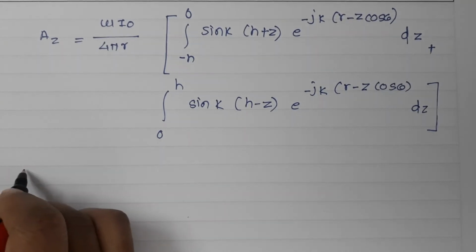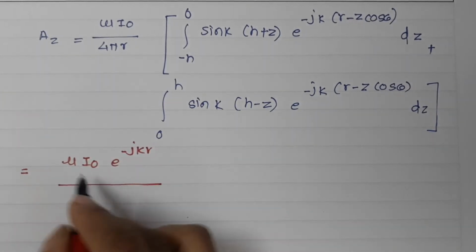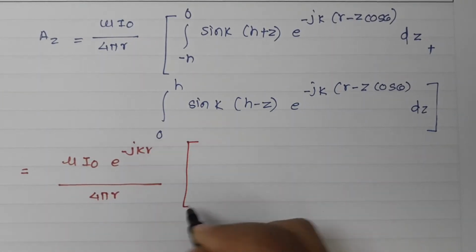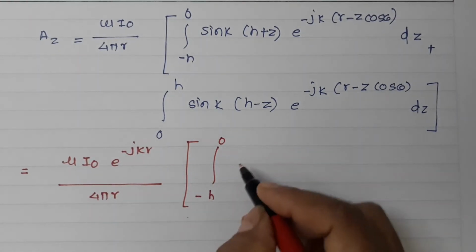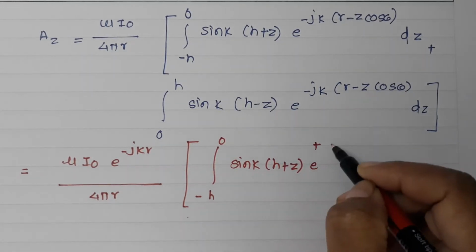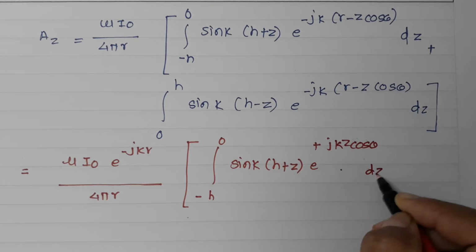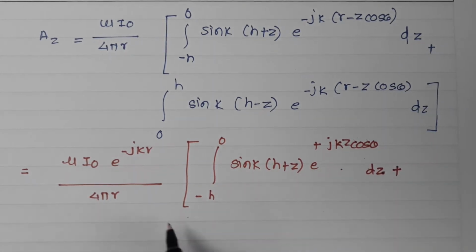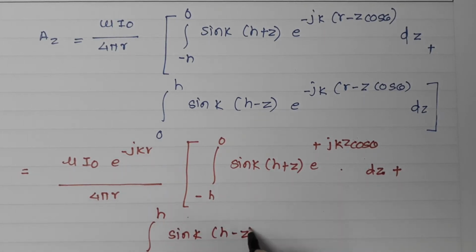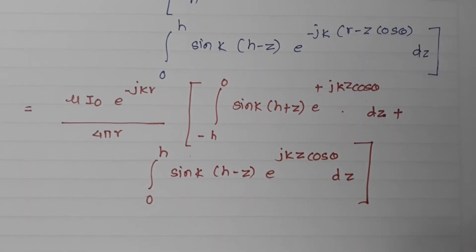So here the output is equal to mu I0 e raised to minus j k r divided by 4 pi r, times the integration from minus h to 0 of sin k(h plus z) e raised to plus j k z cos theta with respect to dz, plus the integration from 0 to h of sin k(h minus z) e raised to j k z cos theta with respect to dz. So here I have written the equation.